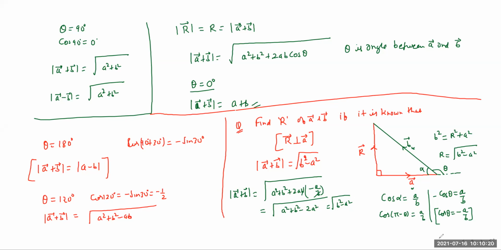Sir, can you explain here why theta is equal to 180 minus alpha? The sum of angles on a line is 180 degrees. So this entire angle is 180. So theta plus alpha is 180. So alpha we can replace by 180 minus theta.